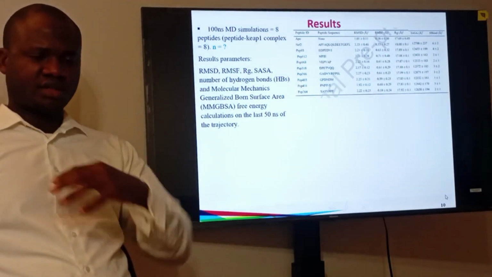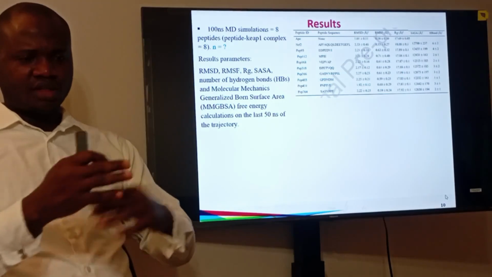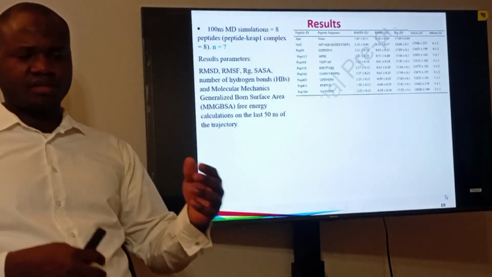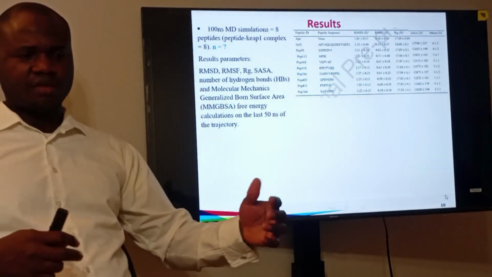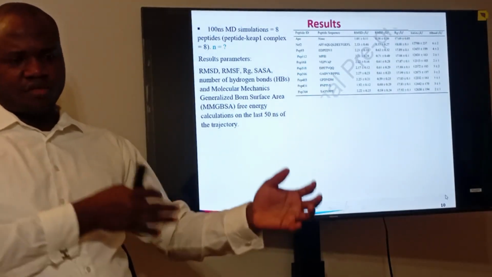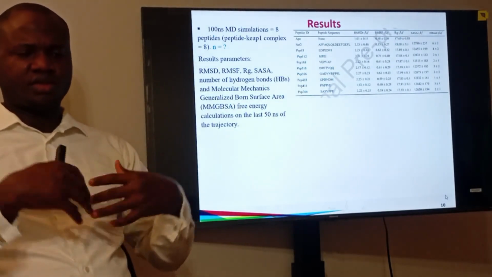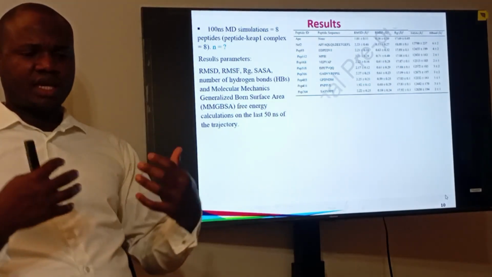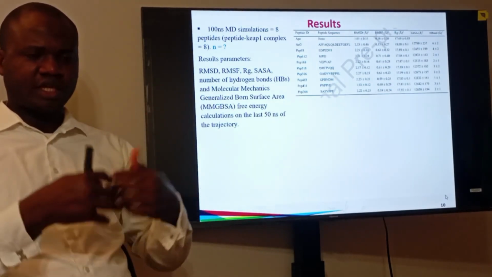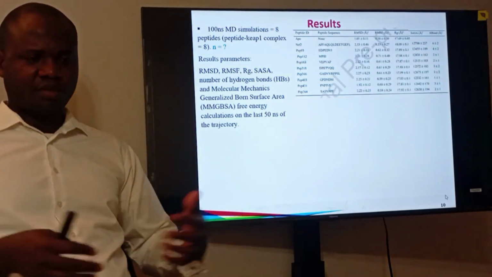Then the radius of gyration: the whole structure, to what extent does it gyrate during the period of simulation? That is a kind of translational or rotational movement of the peptide structure away from the initial position. Then the SASA: does this particular peptide interact with the environment, with the aqueous solution, the water it is being simulated with?